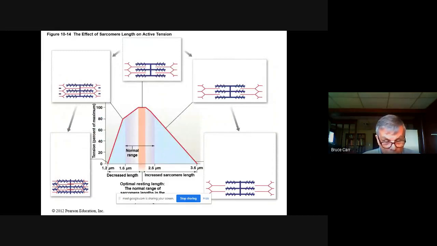Each sarcomere has a usable length of contraction. It does not go from maximum length down to zero, because as you can see by the central and topmost diagram here, it begins with a certain area of overlap.